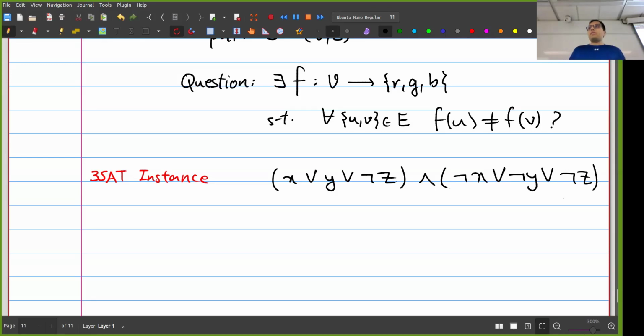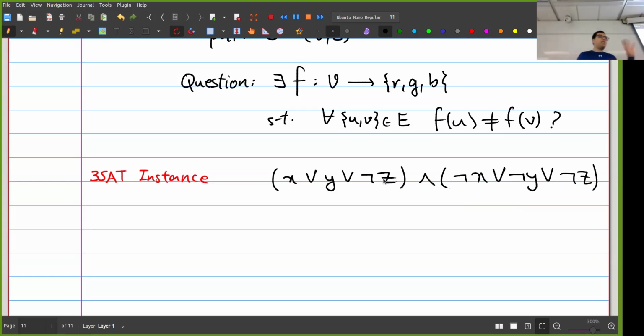Now, when we were doing the reduction from 3-SAT to, let's say, independent set, the idea was that I'm creating one vertex for each one of my variables, and the vertices that I take into my independent set are going to be the variables that are set to true. So this is a recurring idea in all of our reductions.